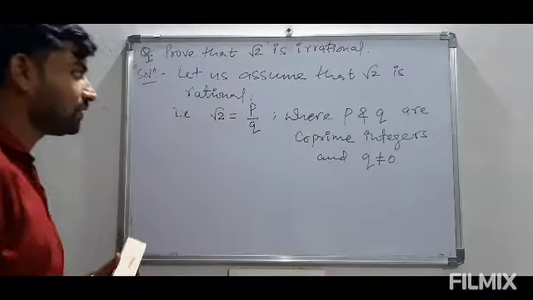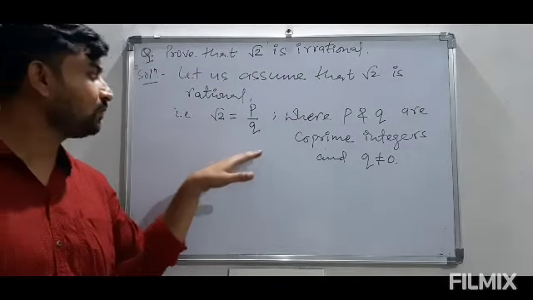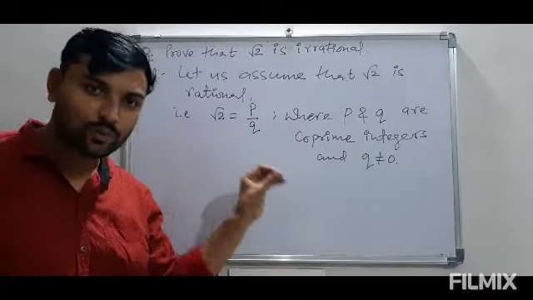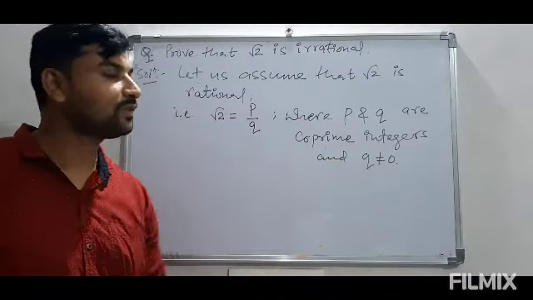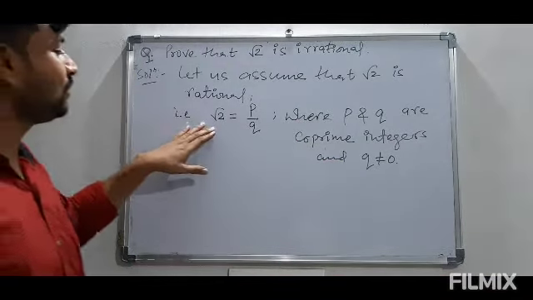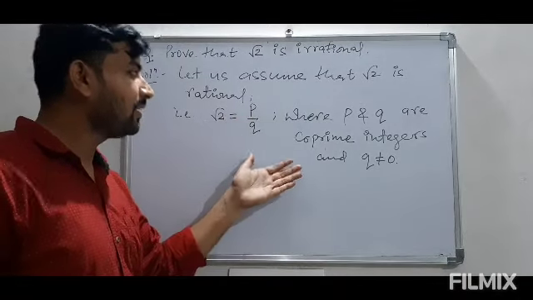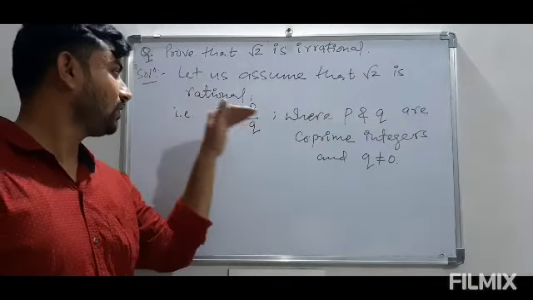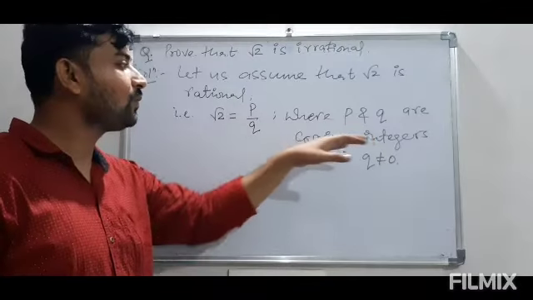This is our assumption: root 2 equals p by q, where p and q are co-prime integers and q is not equal to 0. हमने ये मान लिया कि root 2 p by q के फॉर्म में है और p और q यानी numerator और denominator दोनों co-prime integers हैं.